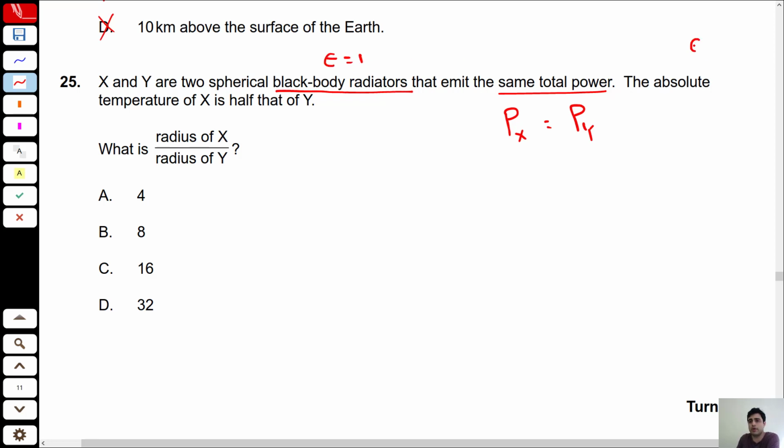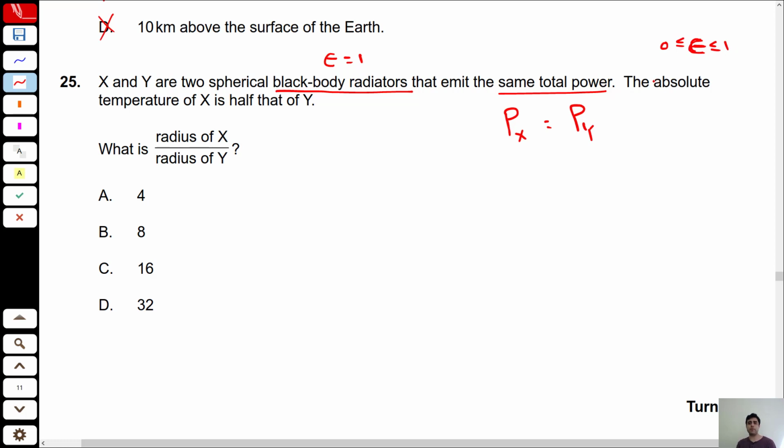Remember, emissivity is between 1 to 0. If it's 0, then it's a perfectly white spherical body, which doesn't emit or reflect. It doesn't emit or radiate any thermal heat radiation. It's a perfect reflector of radiation. And if the emissivity is equal to 1, then it's a perfectly black body, which is a perfect absorber and radiator of radiation or thermal heat.